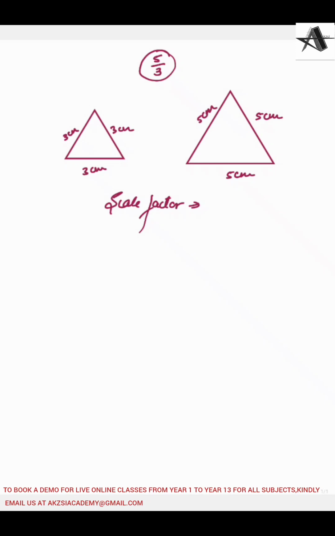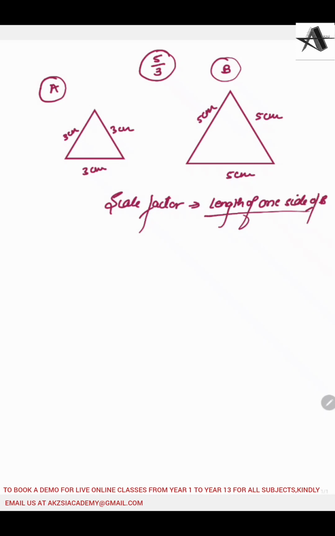So if I say this is figure A and this is figure B, the scale factor from A to B, that means how you are transforming A to B, will be the length of one side of B over the length of the corresponding side of A. What is the length of one side of B?